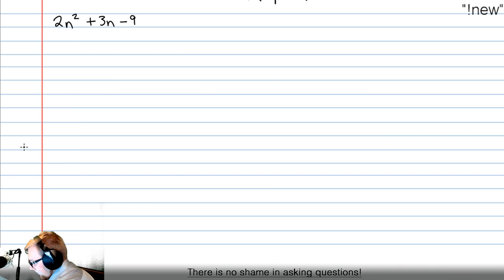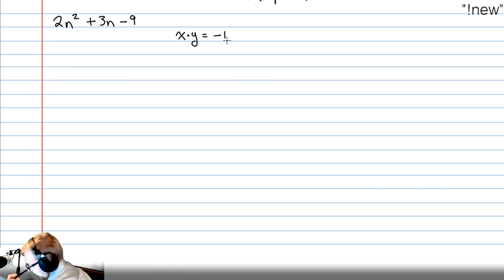So you get negative 18. So a times c, or I'm going to say x times y, will give you minus 18. And then b is 3. So x plus y has to equal 3.